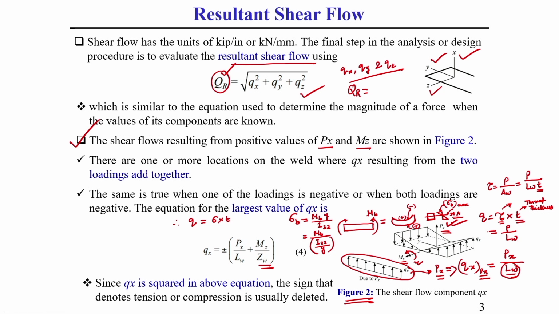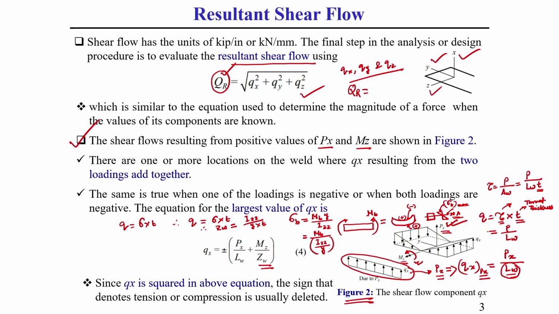So this Zw will be Izz divided by y, where y should be the outer distance from the neutral axis, the maximum distance from the neutral axis. So Zw will be Izz divided by y divided by t. You should keep this in mind, because Q is sigma into t.